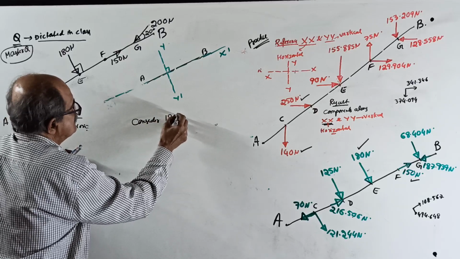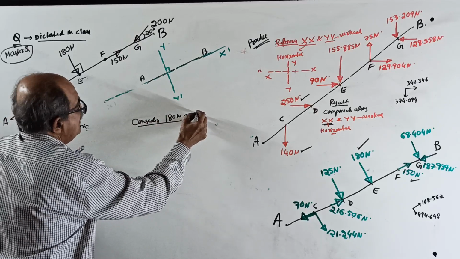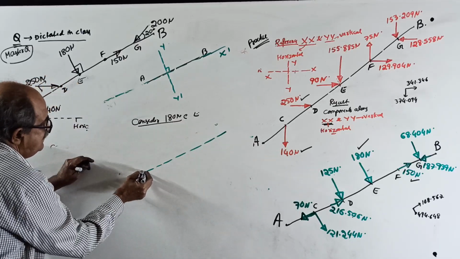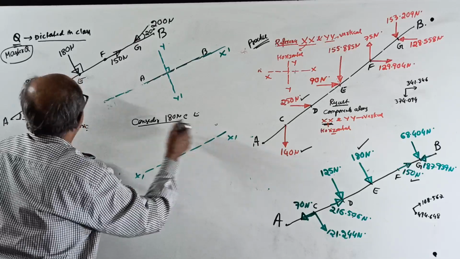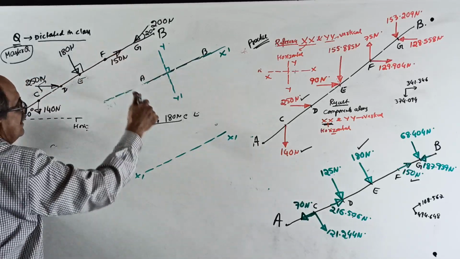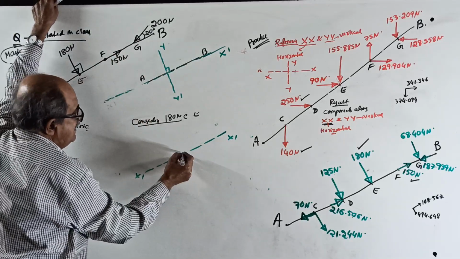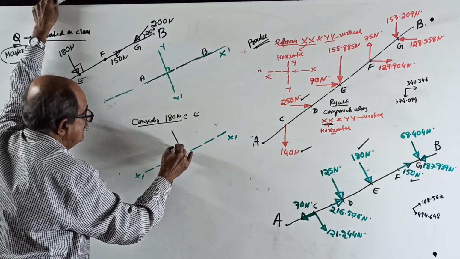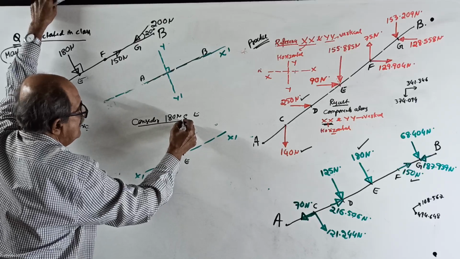Consider 180 Newton force at E. Our x dash inclined line is here. This is your x dash, which is that one? This force at E is perpendicular to it. How much? 180 Newton.